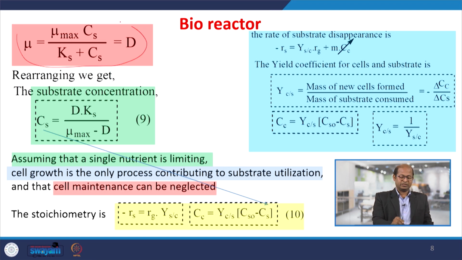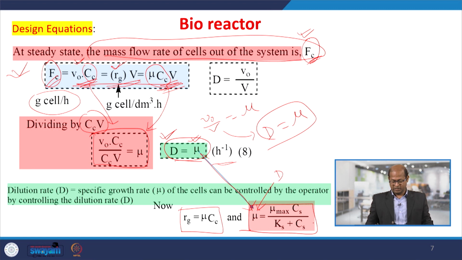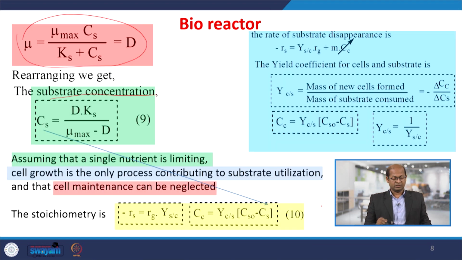Once we rearrange these equations, the left-hand side is the substrate concentration, which equals D into K_s, the Monod constant, divided by mu_max minus D.